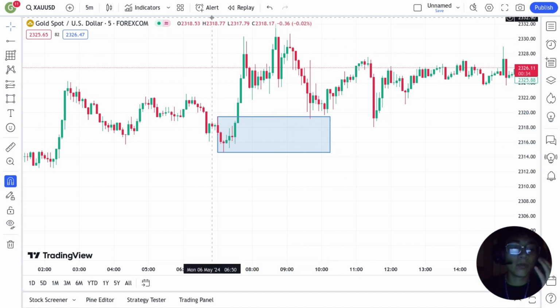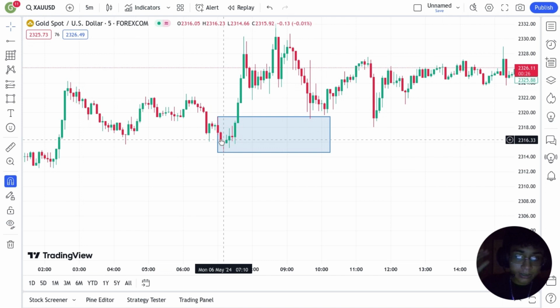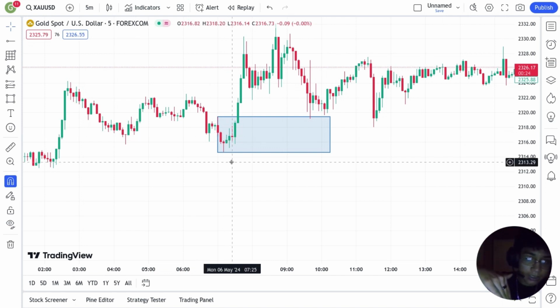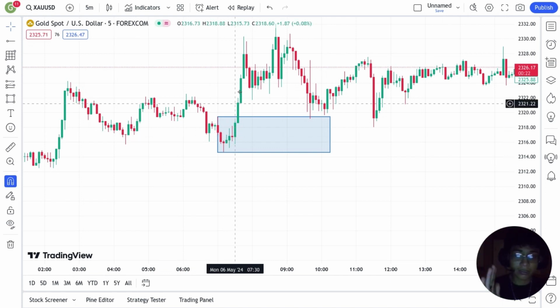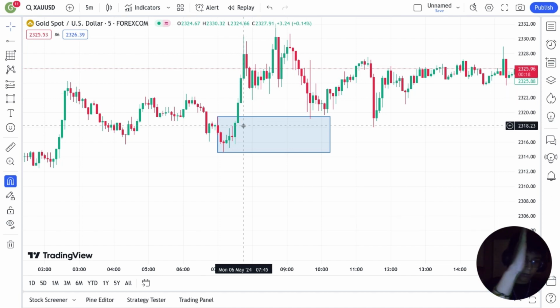So for a bullish order block, where we put the order block is the move down that caused the lows to be broken, not the move up. Don't get it confused, because I know some people have gotten confused. It's not the move up, it's the move down before the move up.